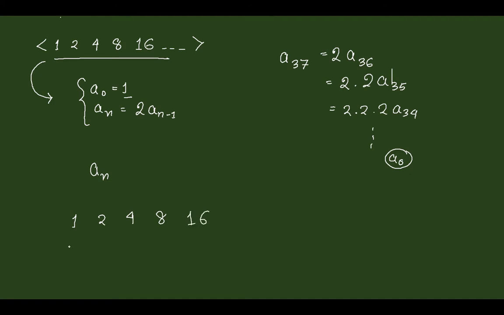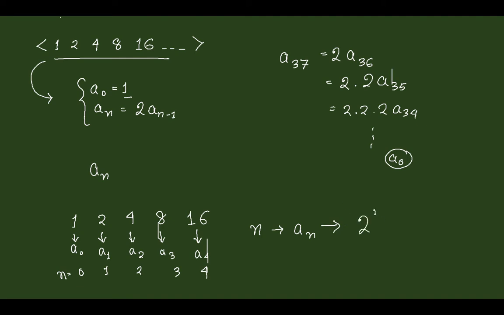So if we say that this is A0 and this one is A1, this is A2, A3, and A4. So for the value of n is 0, this is 1, this is 2, this is 3, and this is 4. So for the value of n, the term an would be simply 2 to the power n, isn't it?